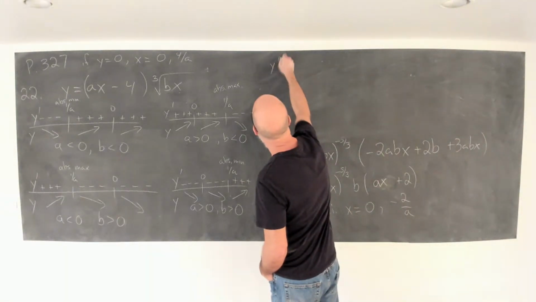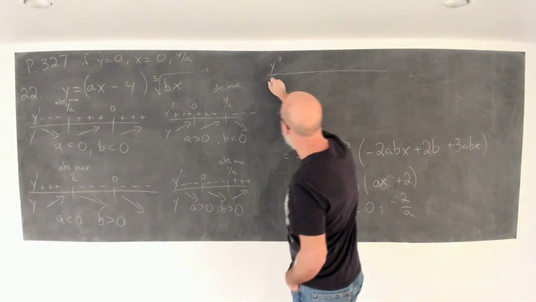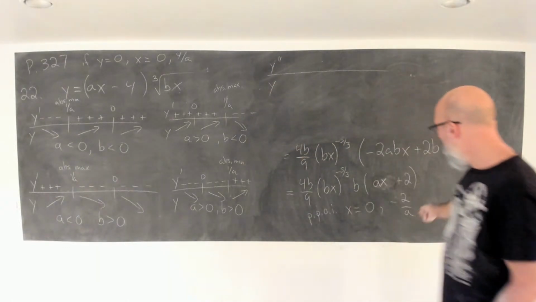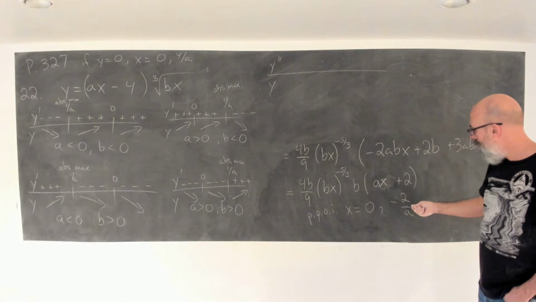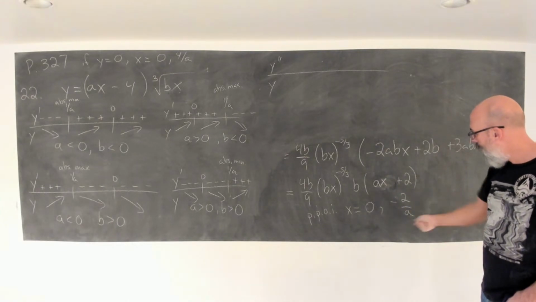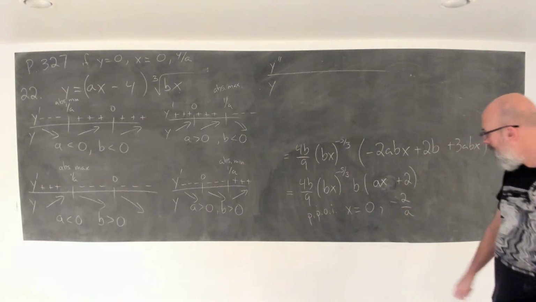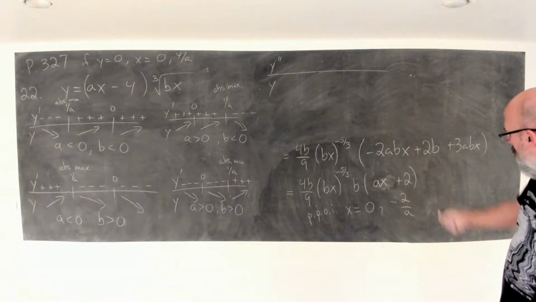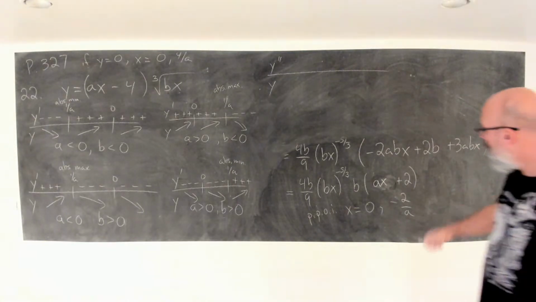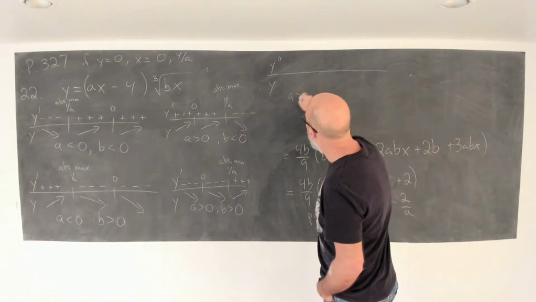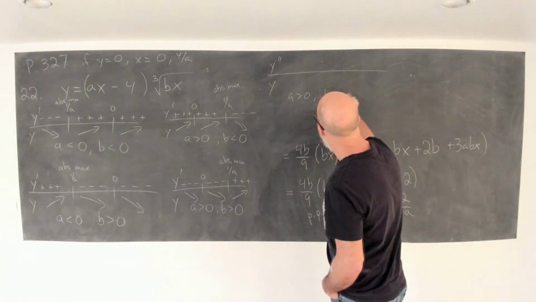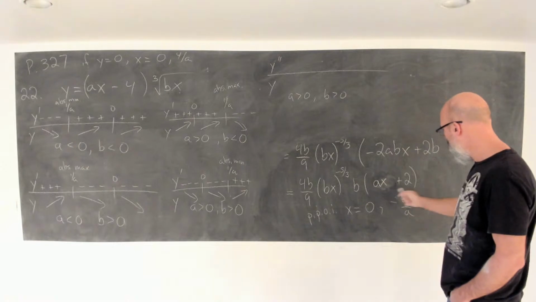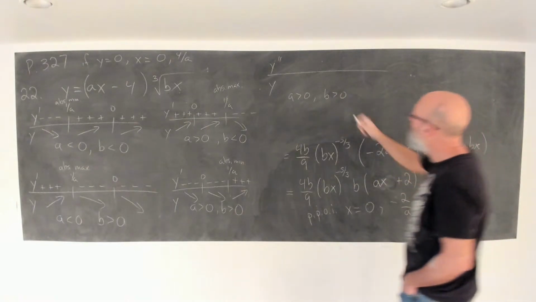So let's draw a second derivative chart. And again, this is going to depend on whether A is positive or negative. So if A is positive, then this is going to be a negative number.